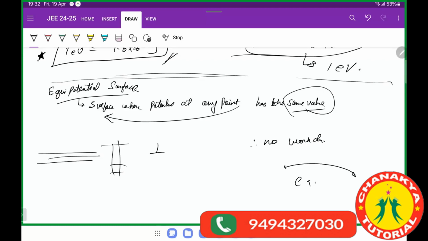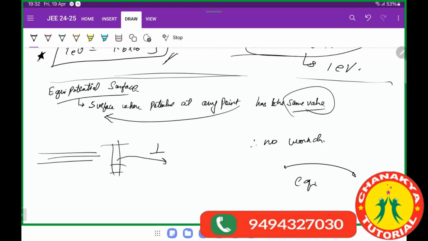But work is done when it is moved from an equipotential surface to another surface. Understand these two statements; I'm saying both in different ways. First, there is no work done on the equipotential surface if it is moving from one point to another point on it.